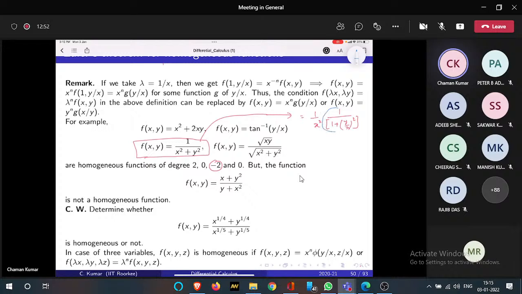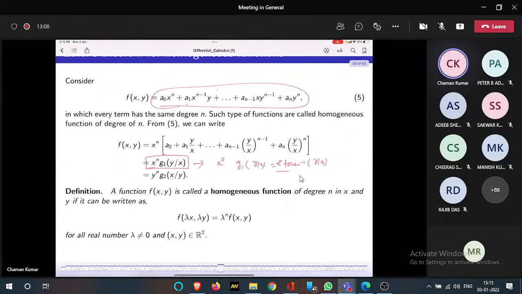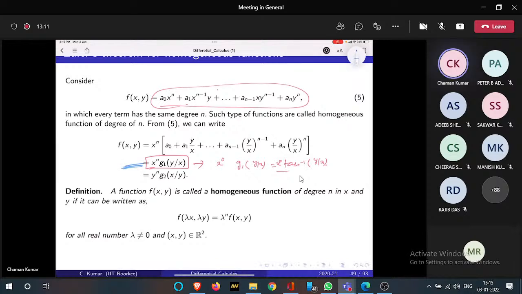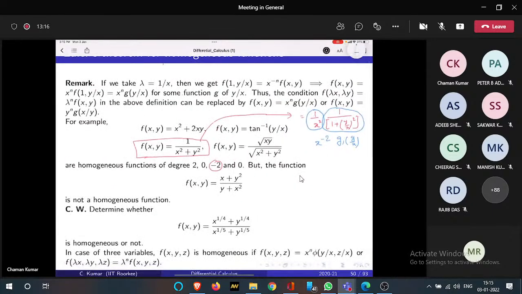I can treat this as a function g1 of y by x, and this 1 over x raised to 2 can be written as x raised to -2. If I compare this with this form, then the value of n is -2. So we can say that this function is a homogeneous function of degree -2.